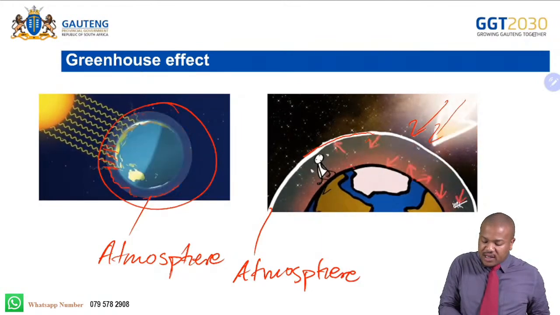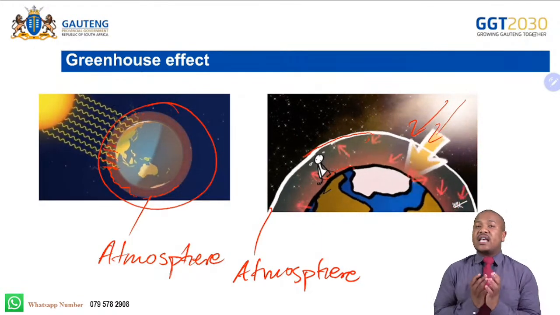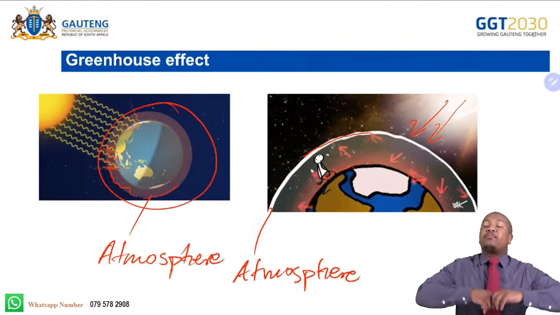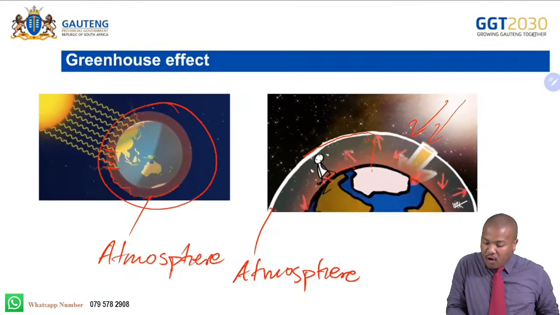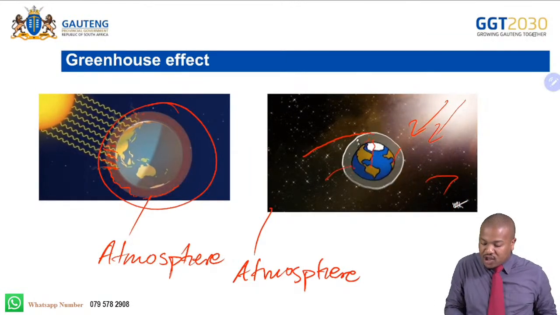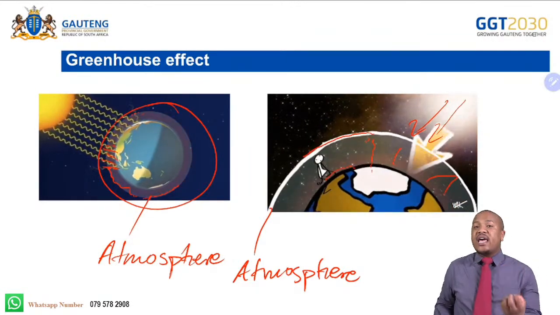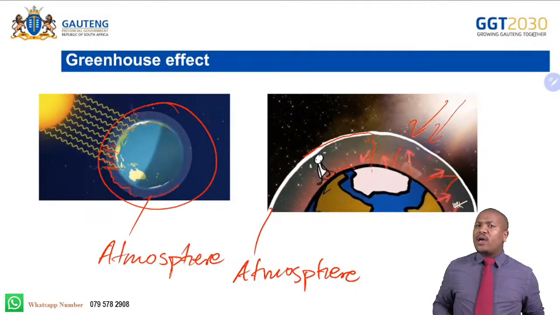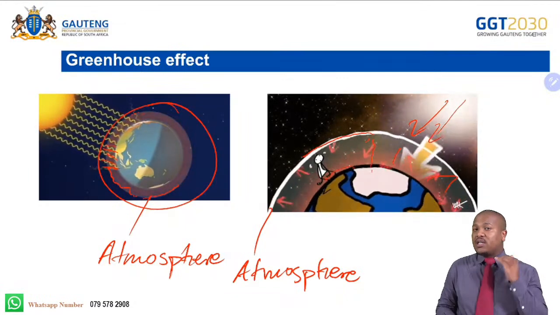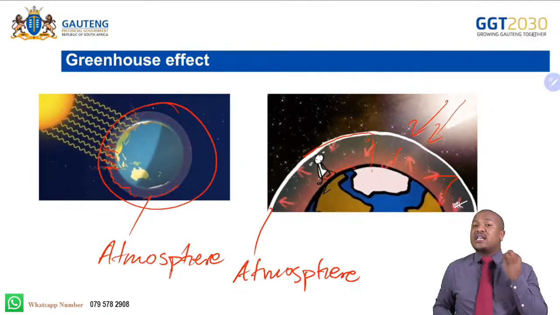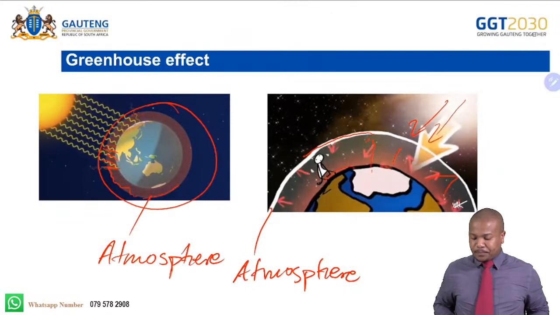And after doing that, the air that has warmth now gives back the warmth to the atmosphere. As you can see, the arrows show the heat bouncing back to the earth to sustain this heat, so that we do not experience extremely cold temperatures and we are able to sustain life on earth.